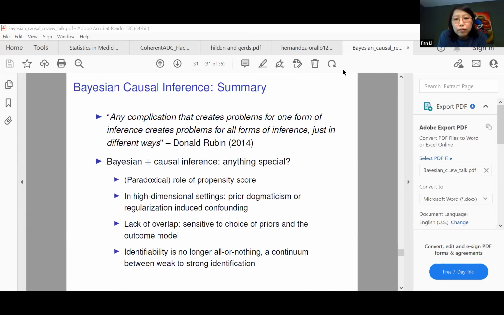Han himself recently wrote a paper recognizing this overlap issue. He basically used a Gaussian process to do local smoothing to overcome the issue in BART. So yes, I think that's definitely possible in the Bayesian setting.